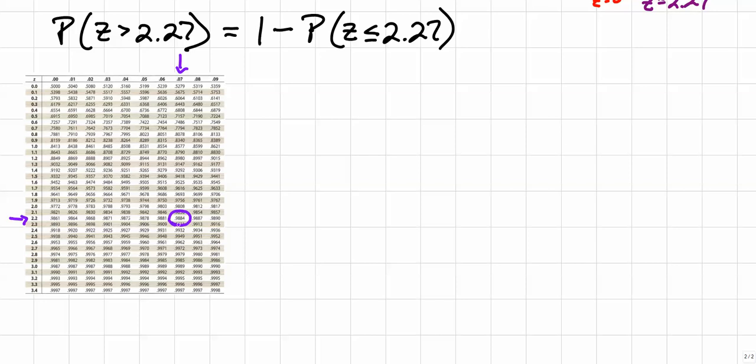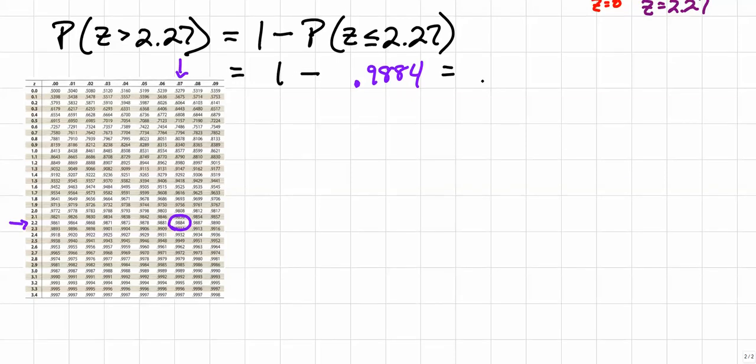And that's the probability for less than 2.27, so that would be 0.9884. But don't forget that we will be subtracting that from 1. So 1 minus 0.9884 will be equal to 0.0116. Once again, rounding to 3 decimal places, it's 0.012.